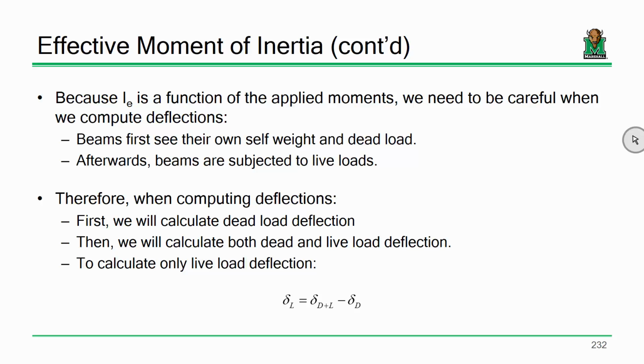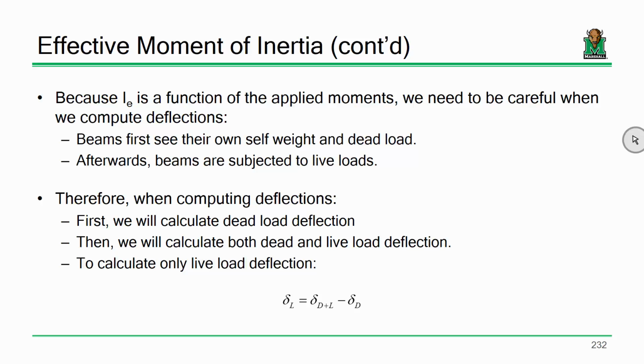Then the building is subjected to its occupancy. You and I, the tables, the chairs, the computers, the desks, the file cabinets, the bookshelves, all of that. So in stage two, it is being subjected to its dead load and its live load at the same time. So you can't compute live load deflection directly, but you can compute dead load and then dead plus live and take the difference.